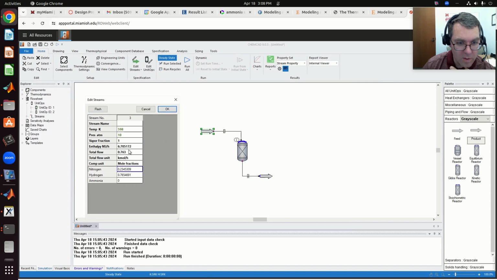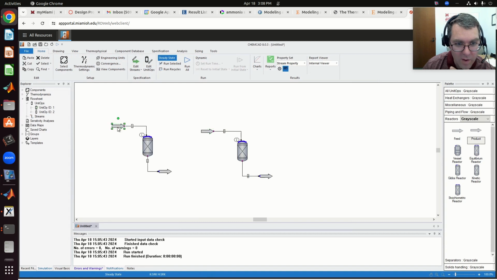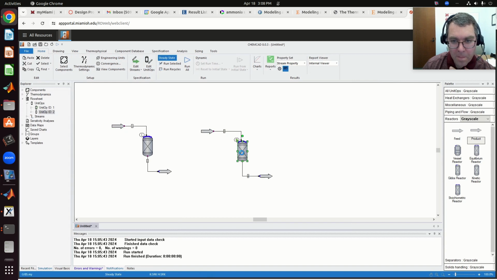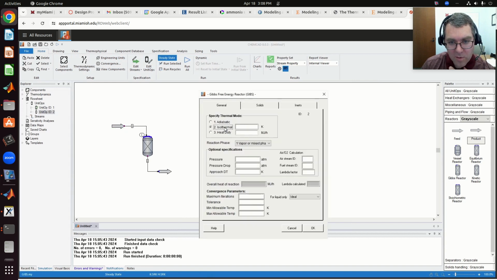Oh, and let's just say this is 100 kilomoles. Okay, so run is 2345, 765. Yeah, so it's about exactly the same, only now this is a Gibbs reactor. I'll run it isothermally. We're at 598 Kelvin. It's a vapor phase reaction.